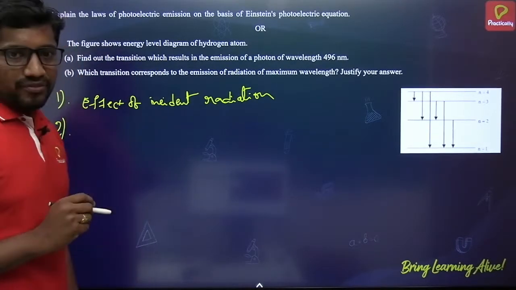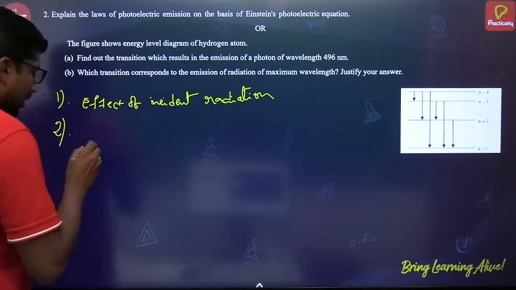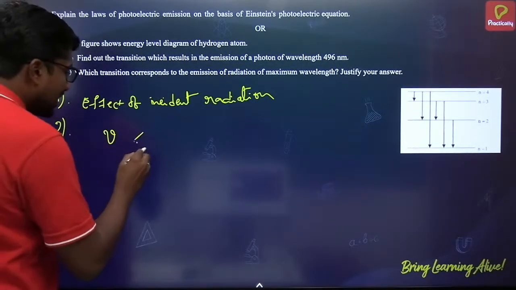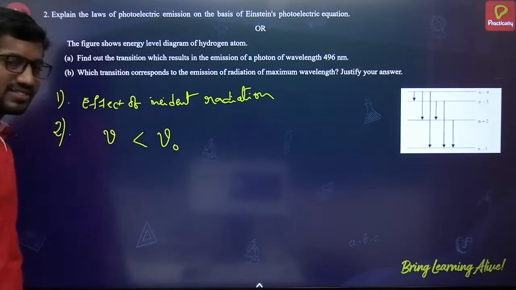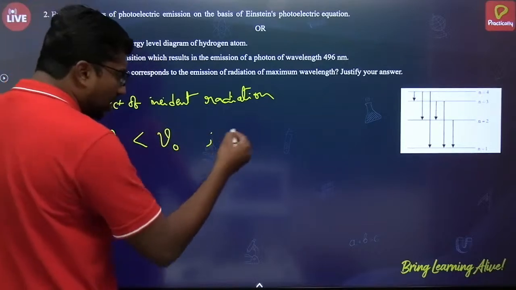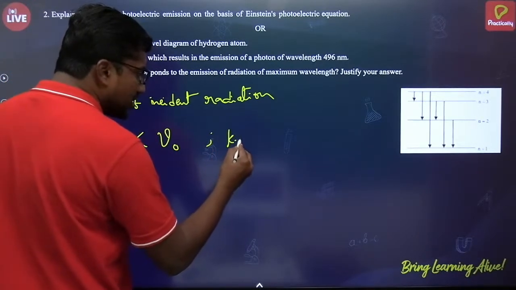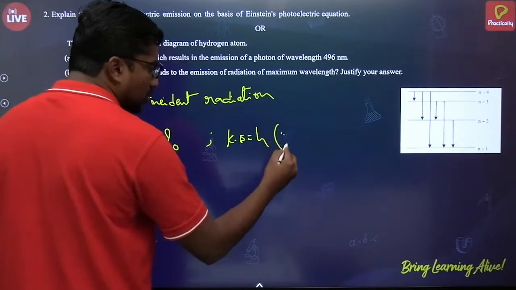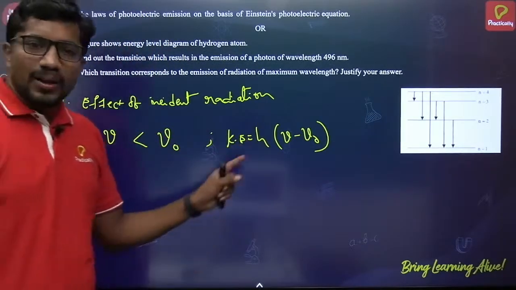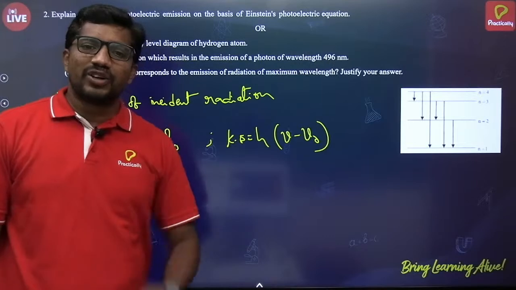What if the frequency of the incident photon is less than the threshold frequency? What will happen? We have the equation kinetic energy equals h into nu minus nu naught. Suppose nu is less than nu naught, this kinetic energy will become negative.